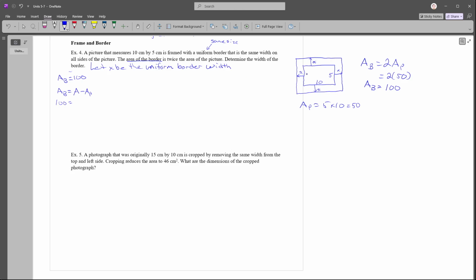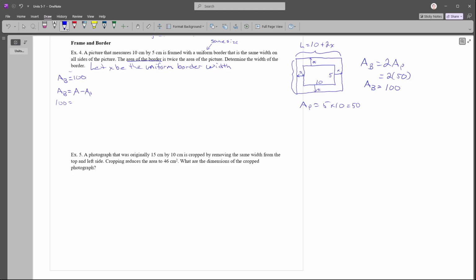But what's the area of the whole rectangle? Well, we know how to calculate that. Length times width. So if this is my length and this is my width, what is that? Well, we know that this whole piece is 10, but then it has to go x on both directions. So it's actually going to be 10 plus 2x.